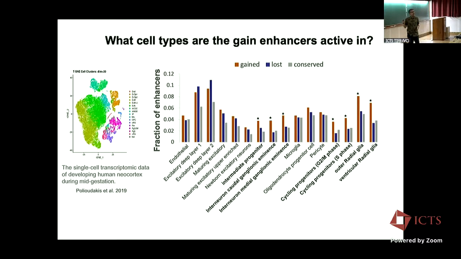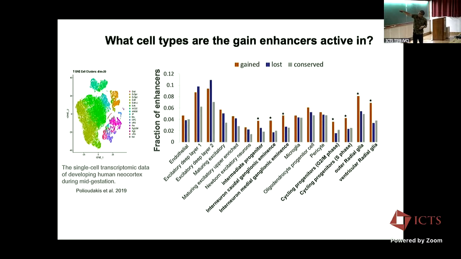We were interested in knowing what specific cell types in the brain these enhancers are active in. Okay, that's an important question. We relied on the single cell data in embryonic human brain. For each cell type, we quantify the enrichment of the activity of the enhancer in that cell type compared to other cell types. And the ones in bold are the ones that are enriched.